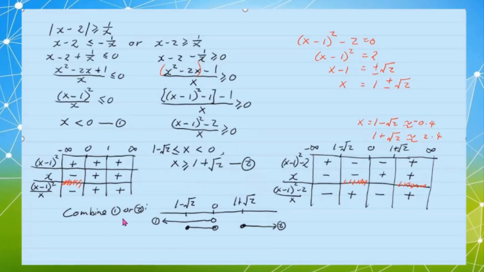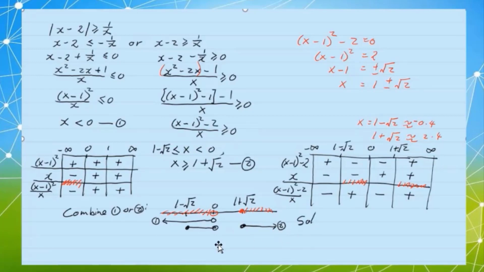Since we combine by using the conjunction OR, we are going to take the region where the value of x is covered by the arrow line. So in this diagram, that is x less than 0, not included 0, and x greater than 1 plus square root of 2, included 1 plus square root of 2.